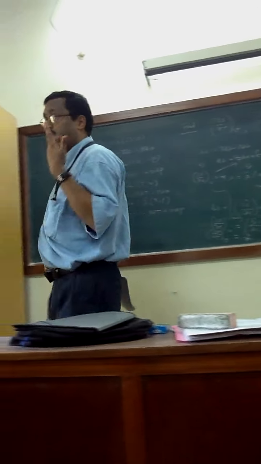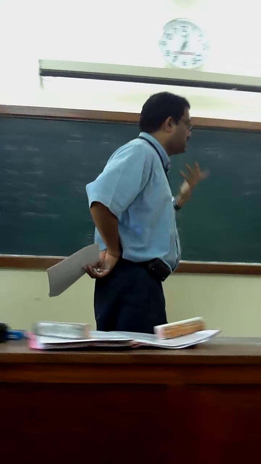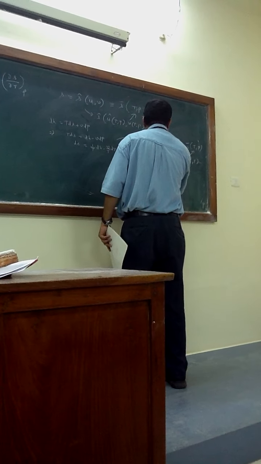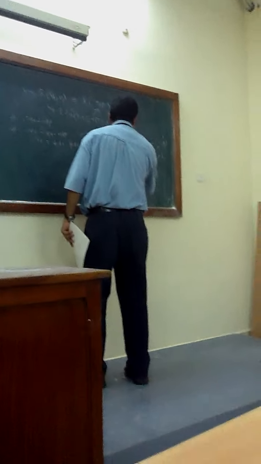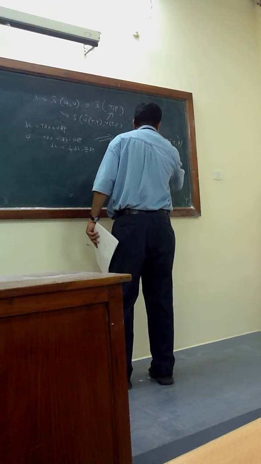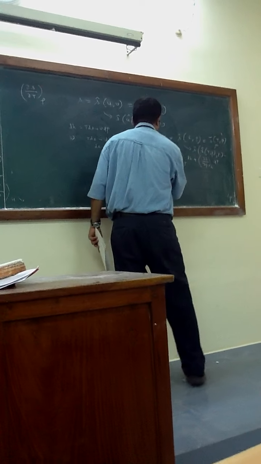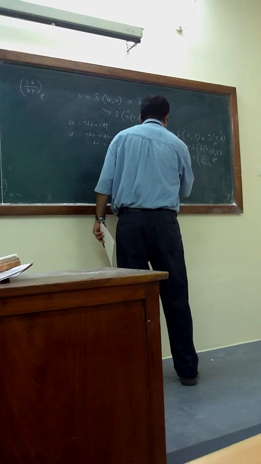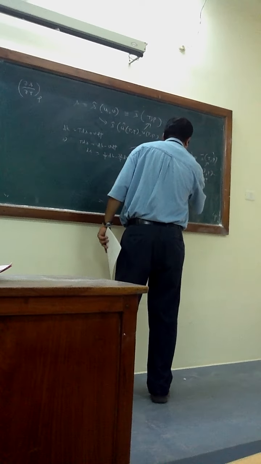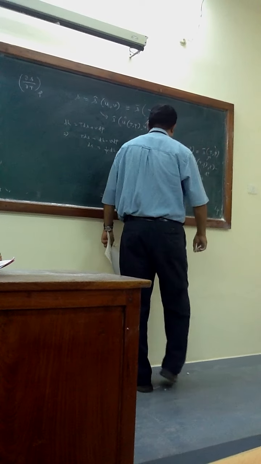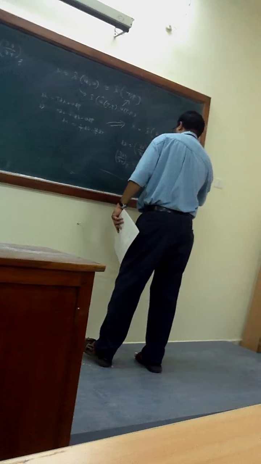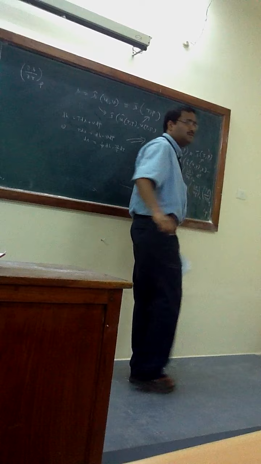So this is the way your conception will be. When you want to take a derivative, you have to see how you order it and what things are available. From here again you can write dS as (∂S/∂H) at fixed P dH plus (∂S/∂P) at fixed H dP. And ∂S/∂T at fixed P is (∂S/∂H) at fixed P times (∂H/∂T) at fixed P plus (∂S/∂P) at fixed H times (∂P/∂T) at fixed P. Am I correct?